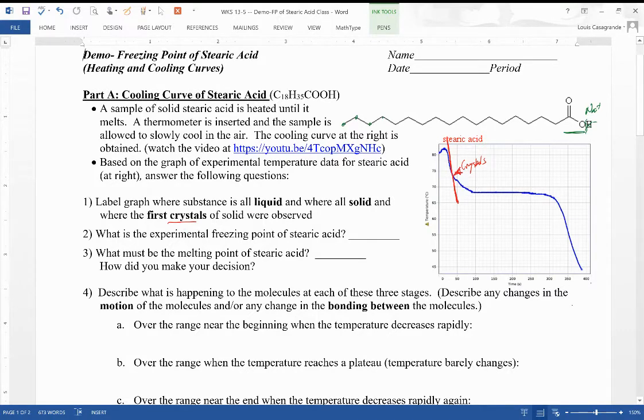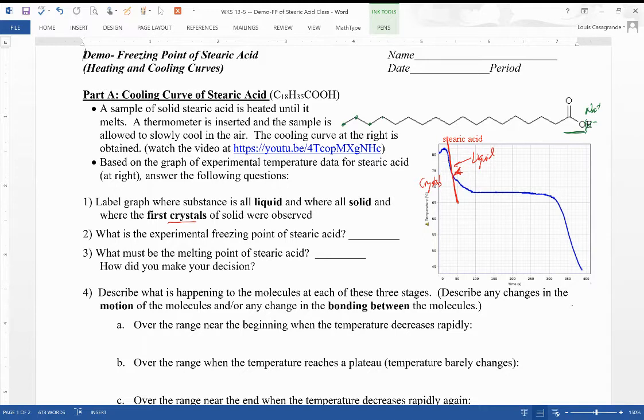Let's put that over here, the crystals, so that I can point to this region and say, in this region, the stearic acid is all in the liquid phase. And as the temperature decreases, it stays in the liquid phase. It just gets colder as we're taking energy out.